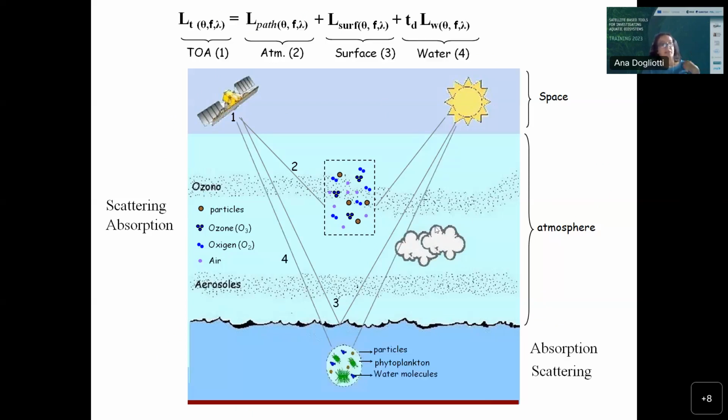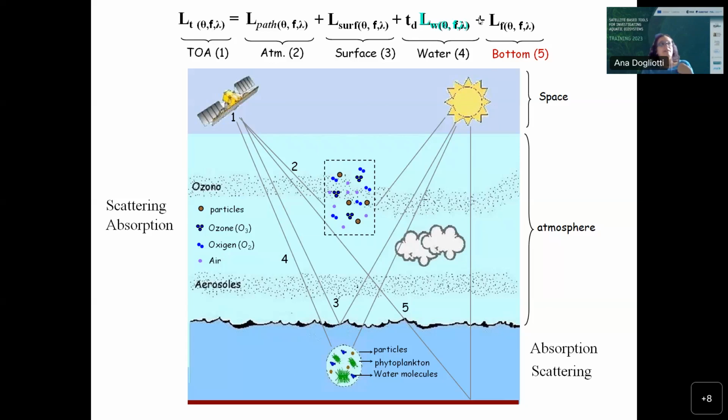Part of the energy will enter the water body and will be absorbed and scattered by all the constituents, as we mentioned, and finally go back to the sensor. And if the water is shallow and the energy can reach the bottom, the final signal arriving at the sensor will have information from the bottom.